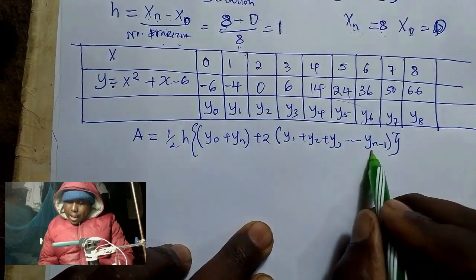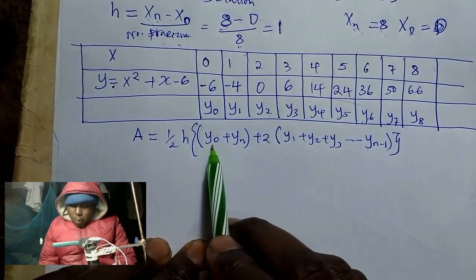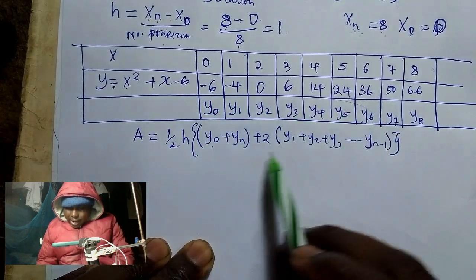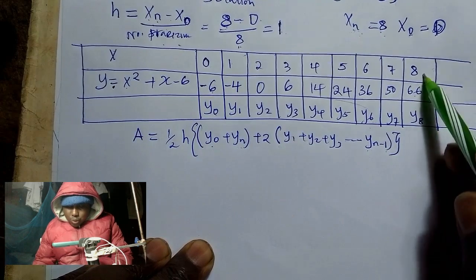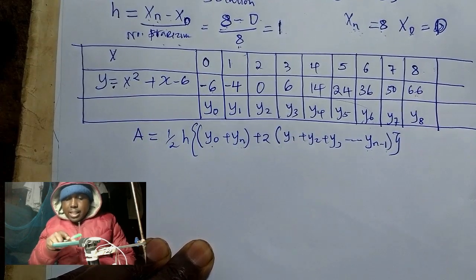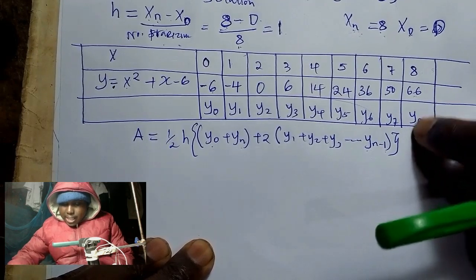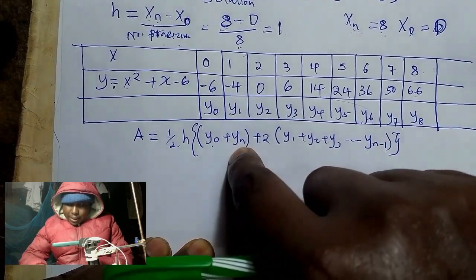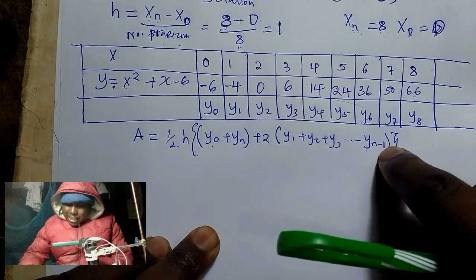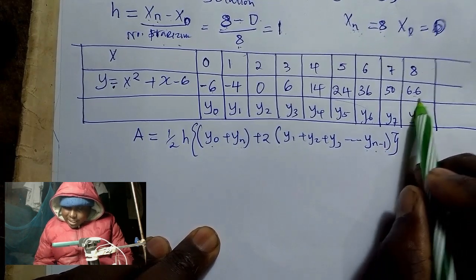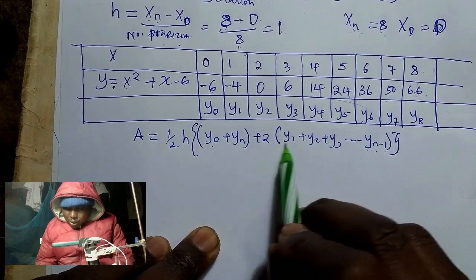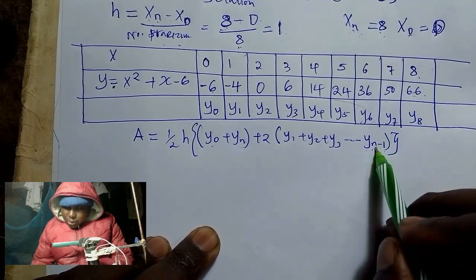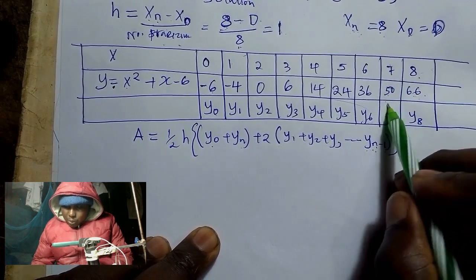Now I want to explain what yn minus 1 means. y naught is the first y, so it will be negative 6. yn is the last one, the one at 8, that is y8. So here we put the value of y8. So for yn minus 1, n is 8, so minus 1 is 7. It means in this formula we put the values of y inside here until we reach 8 minus 1, which is 7. We reach 7 and we will put 8 again.